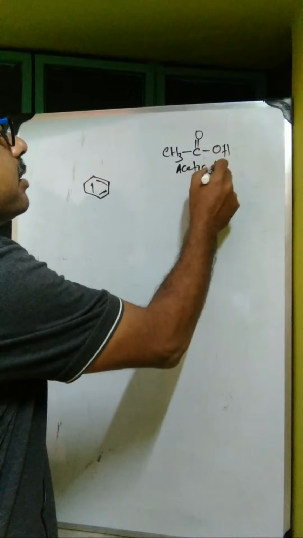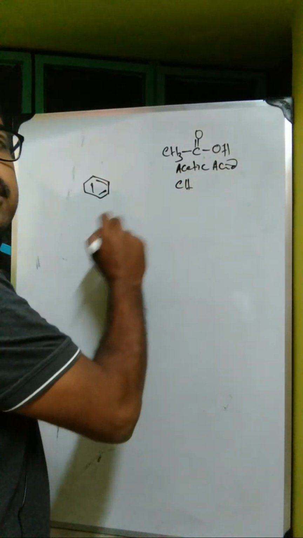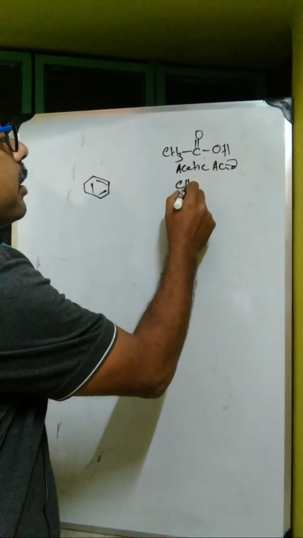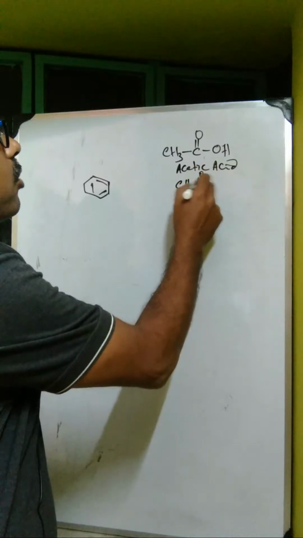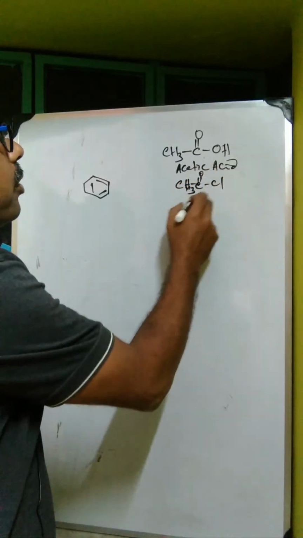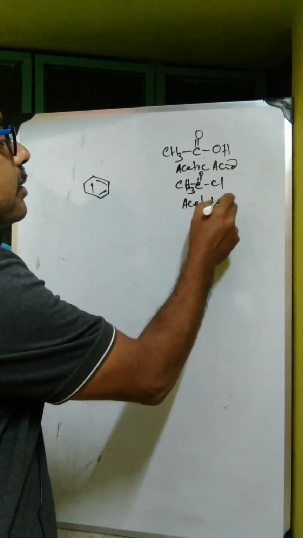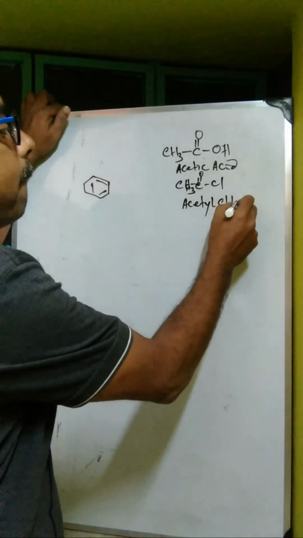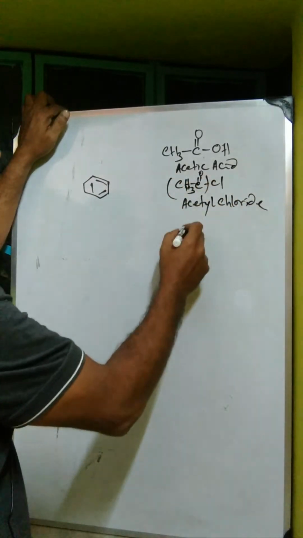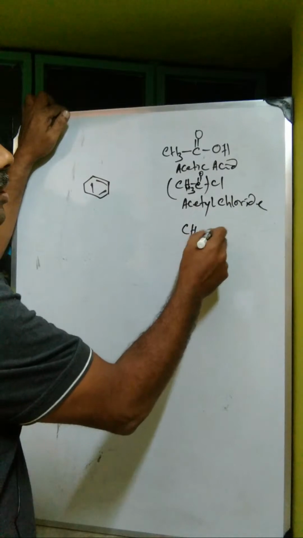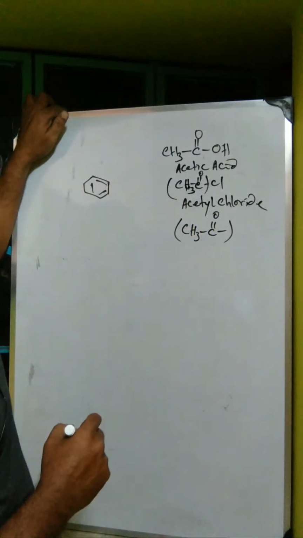If a Cl is there instead of OH, then this compound is called acetyl chloride. So this group, CH3 C double bond O, is called the acetyl group.